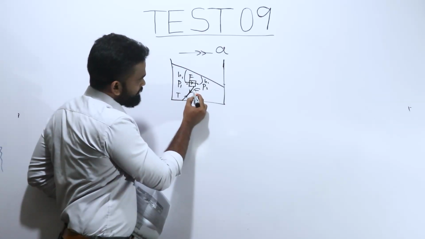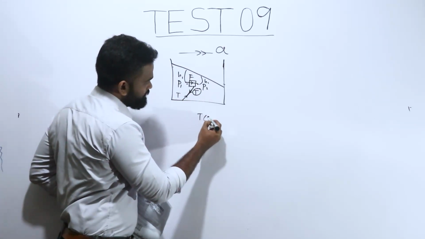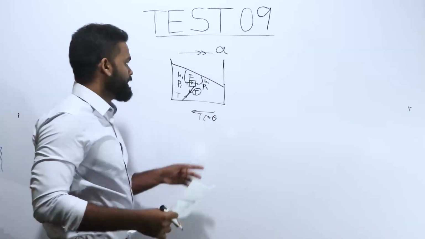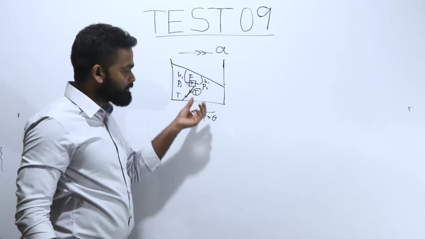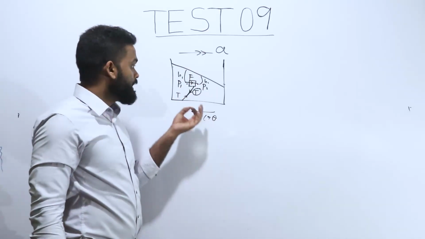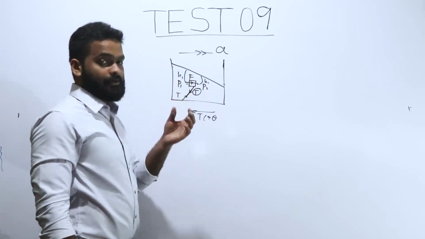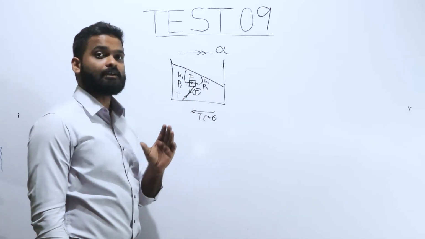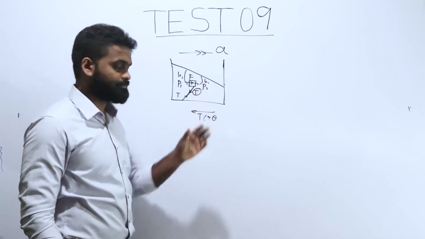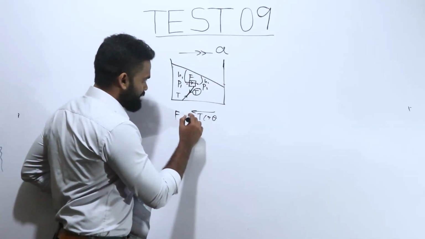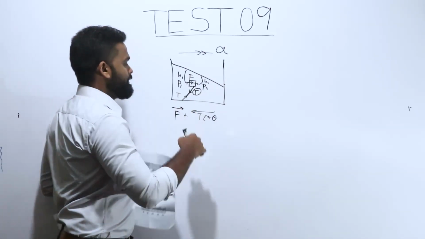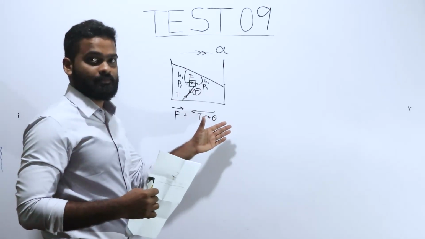So this tension creates a T cos theta to the other side. Then this T cos theta and F would balance out. So the knob would be at rest relative to the vessel.